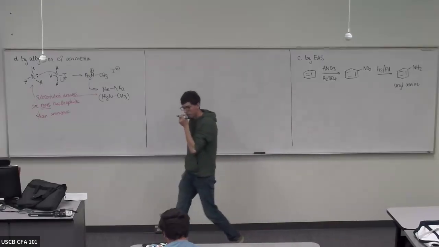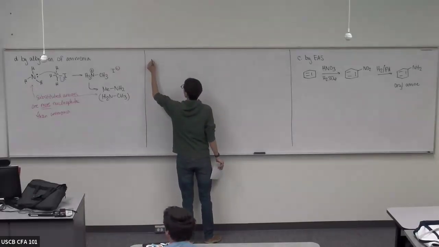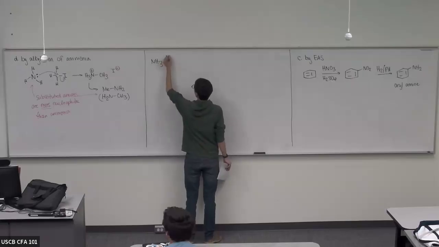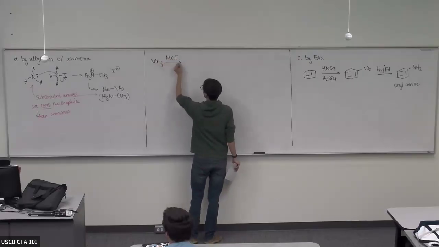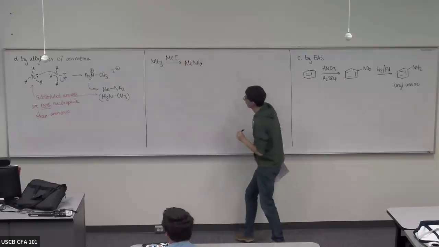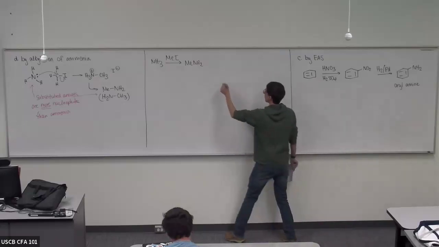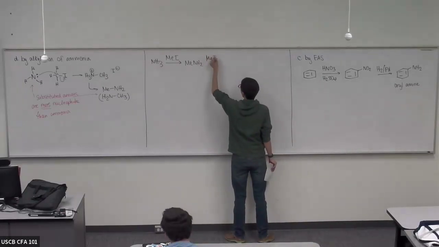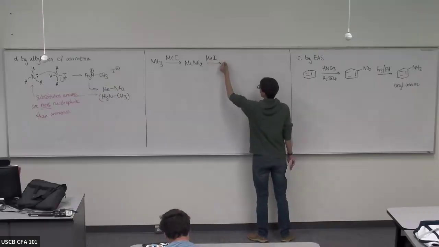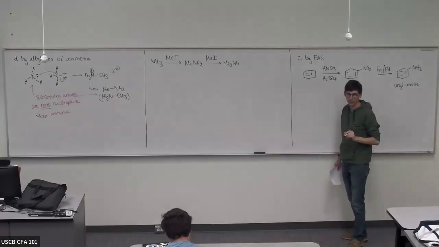So what ends up happening, there's our first reaction. Ammonia and methyl iodide give us methylamine, which is now a stronger nucleophile than ammonia. So it reacts again. And we make dimethylamine.